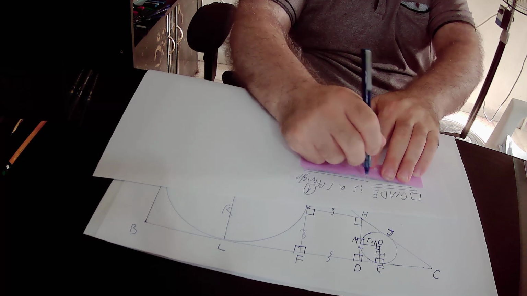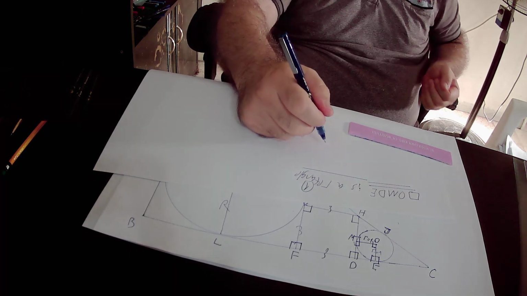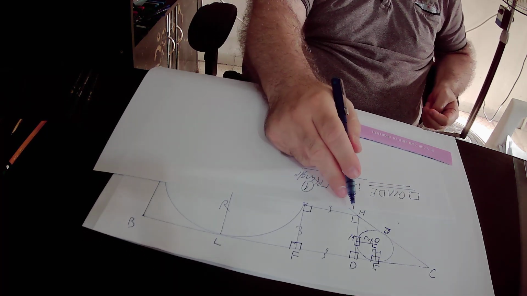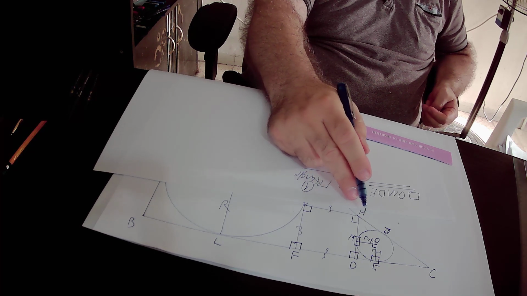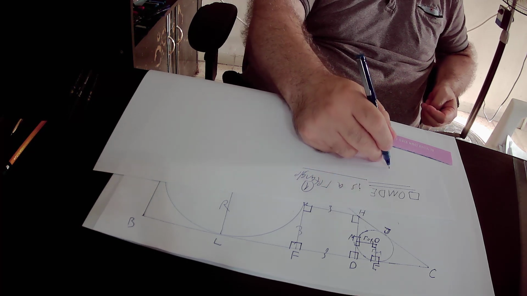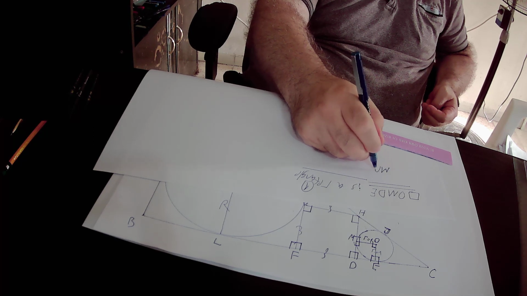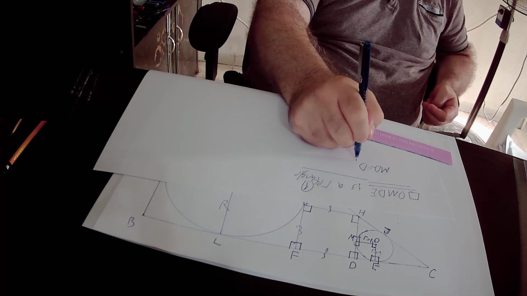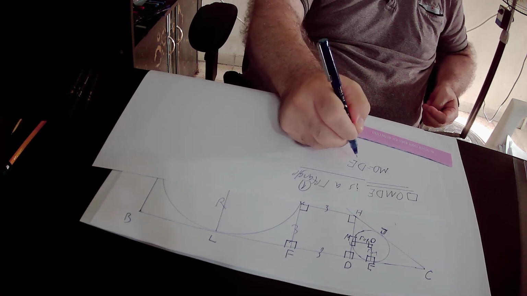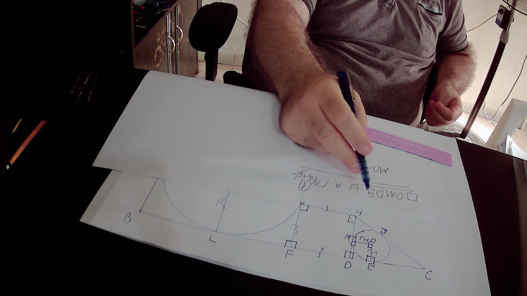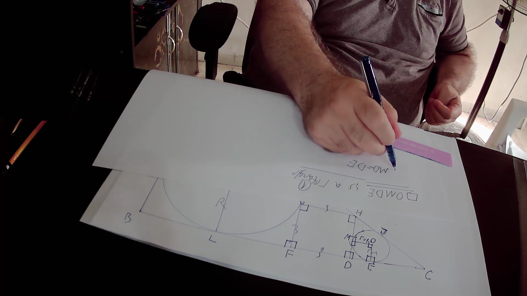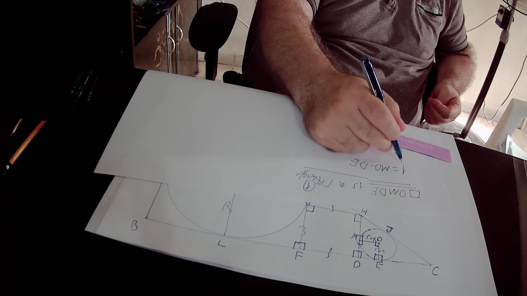And we know that the opposite sides of a rectangle are equal to each other. That is to say, MO is equal to DE. But MO equals 1 unit. It is the radius of the circle. So we can write here that MO equals 1.